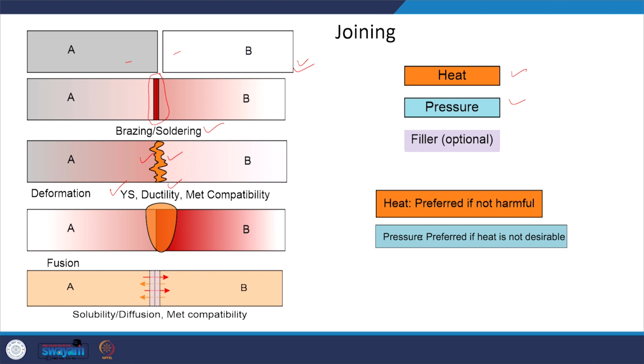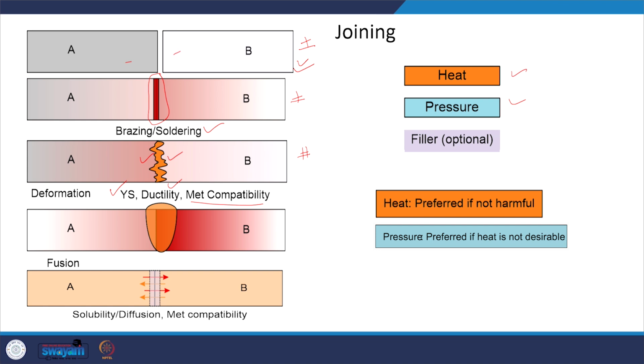Okay. And also they should be metallurgically compatible, otherwise it will cause multiple technological issues. So, these are the three processes. One is where nothing is needed, the second where a very limited quantity of heat is needed, and the third where only force is needed to cause the plastic deformation.